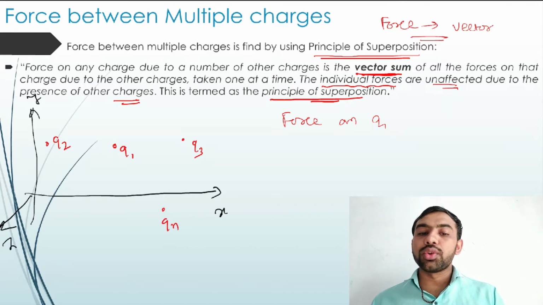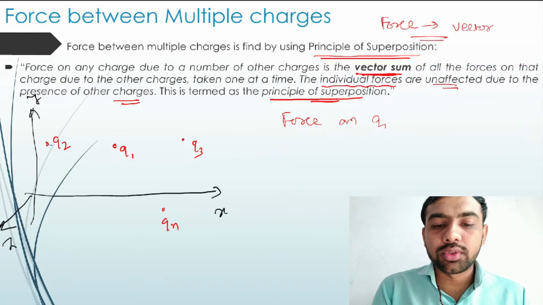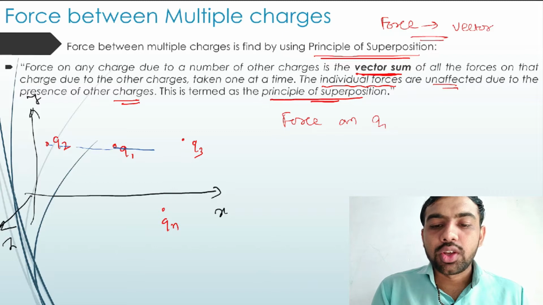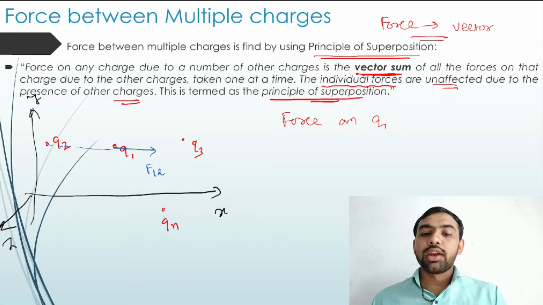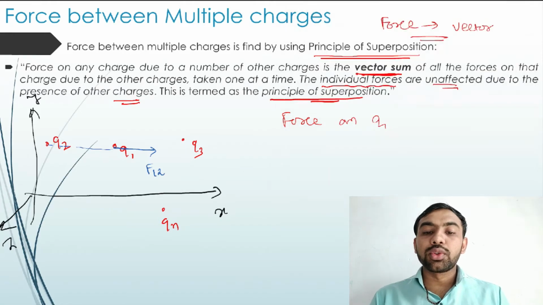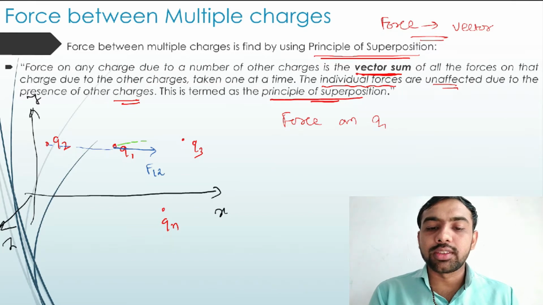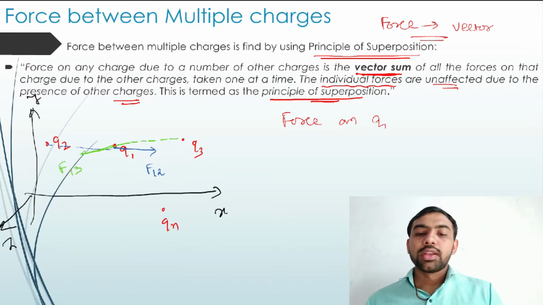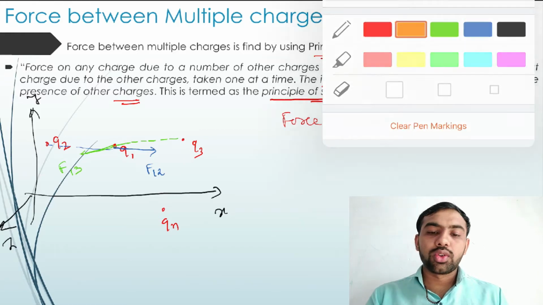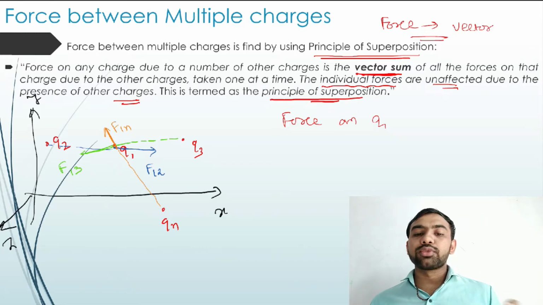Then the force on q1 due to q2 is along this direction, which is F12. The force on q1 due to q3 is in this direction, F13. Similarly the force on q1 due to qn is along this direction, that is F1n.